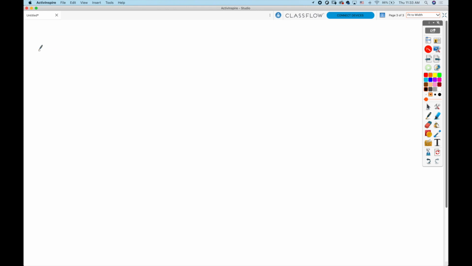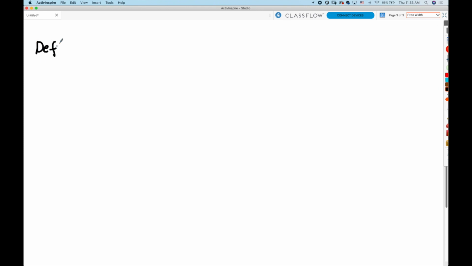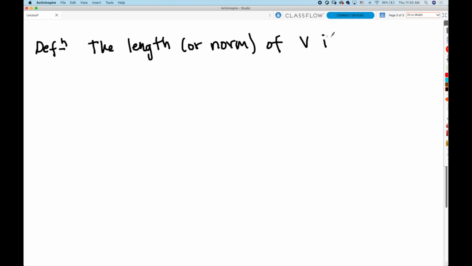So my next definition is going to be the length, also called the norm, of v, which is the non-negative scalar.